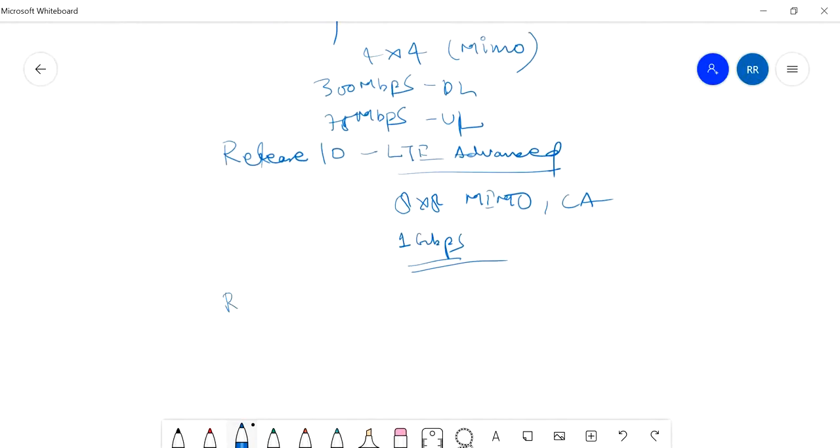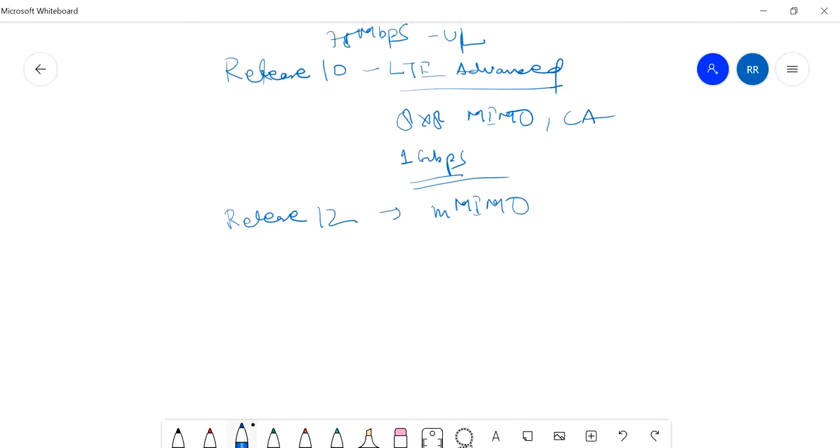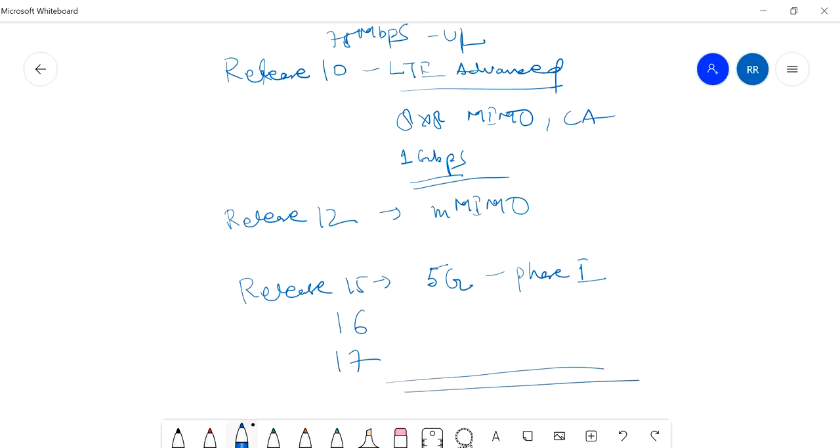And if we talk about release 12, massive MIMO came in that, and release 15, the first phase of 5G. Remember this phase 1 of 5G came in release 15, then further development came with release 16 and 17, and still it is in a developing phase.